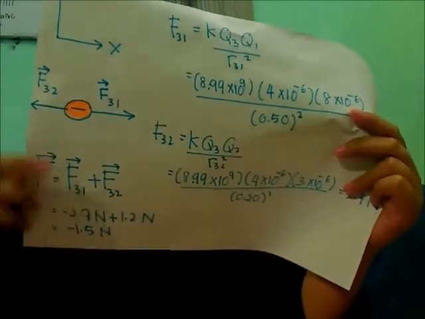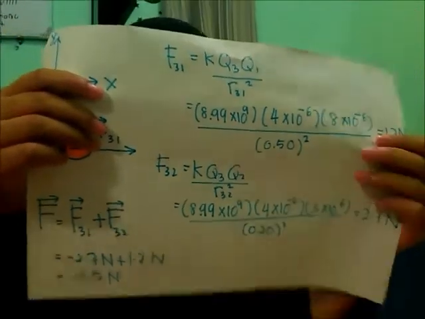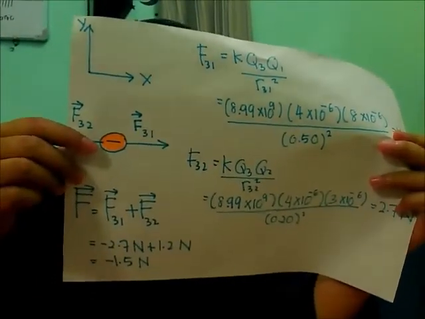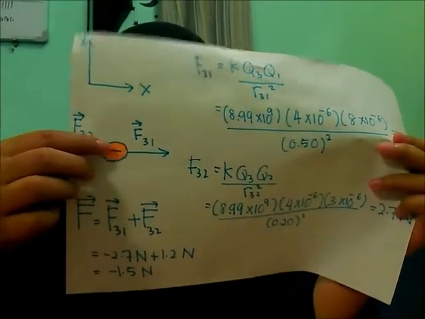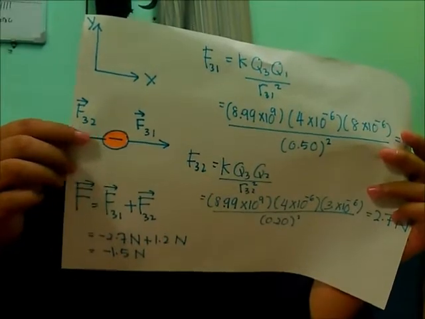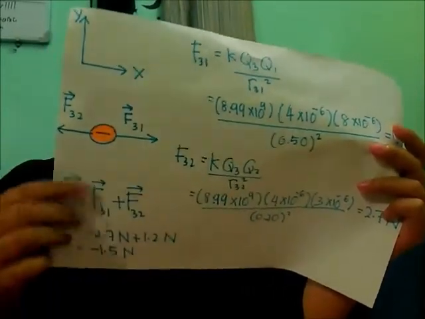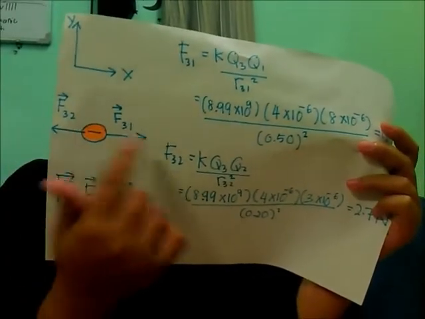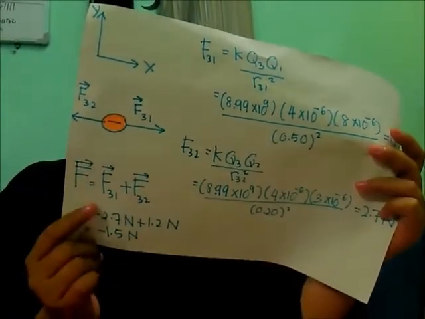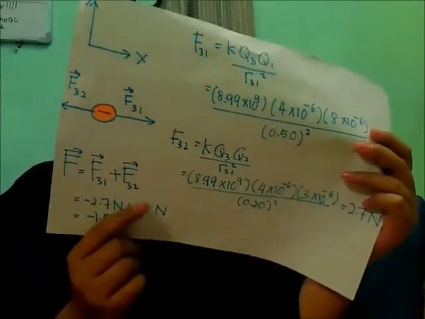So the answer is going to be negative 2.7 plus 1.2 Newton. Negative 2.7 because F32 is directed to the left, the negative direction, and F31 is pointing in the positive direction.